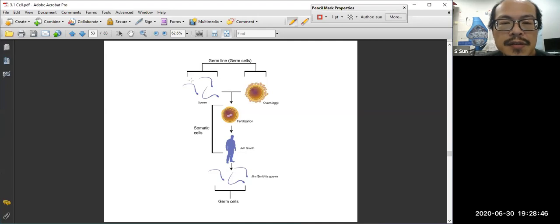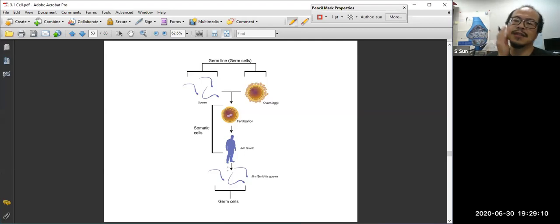So this is an example where a germ cell from a sperm mates with the egg, and then it will produce this fertilized egg. This fertilized egg is diploid, with 23 pairs of chromosomes. Then through mitosis, it will produce the entire body.